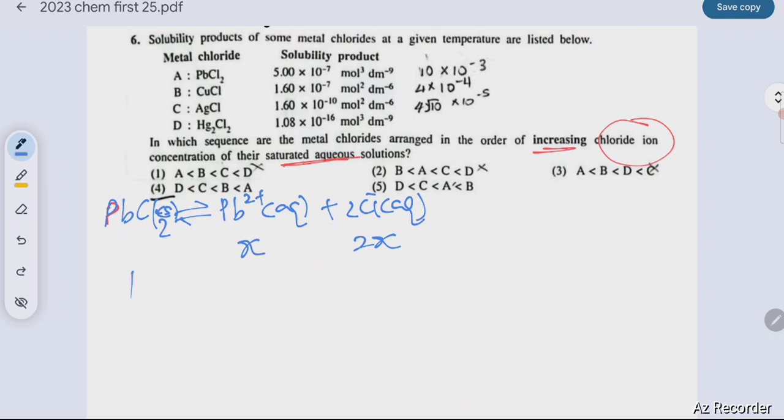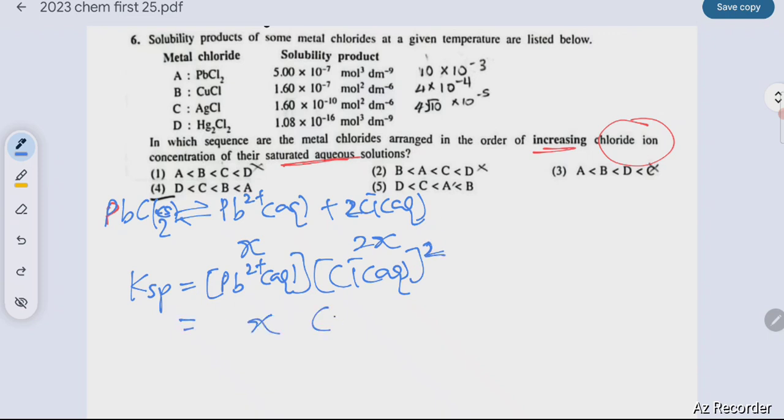Then Ksp equals Pb2+ aqueous into Cl- aqueous squared. Why? Because it has 2 here, so it becomes squared. Then x into 2x squared, so 2 squared is 4, x squared times x, x to the power 3. So 4x to the power 3 is equal to the solubility product, 5 into 10 to the power minus 7.